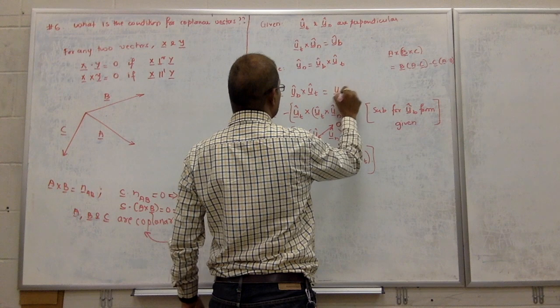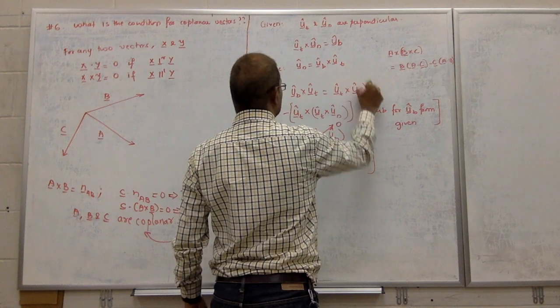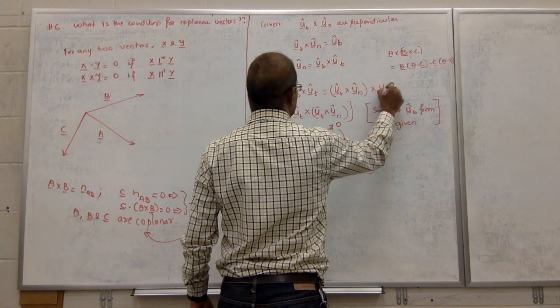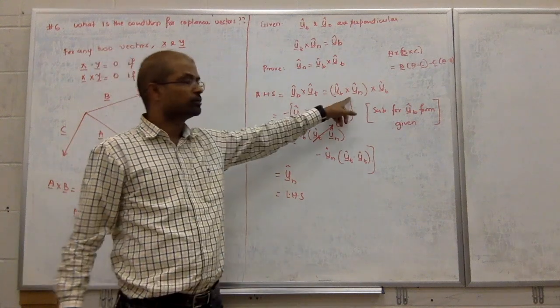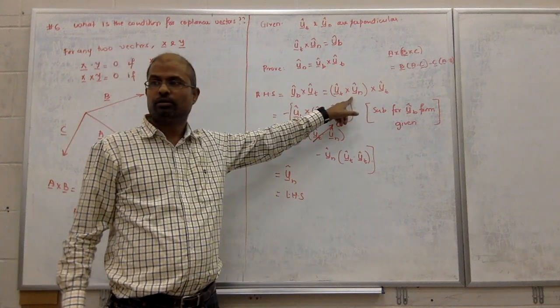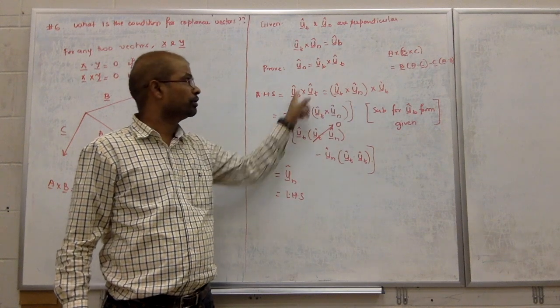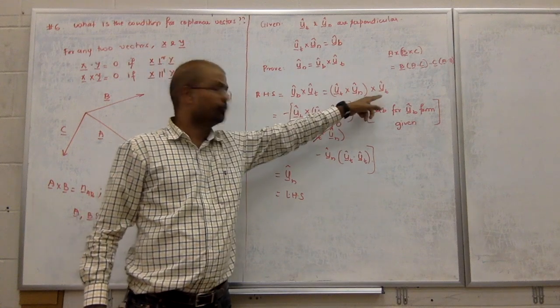If you do this, you can look at it like that as well. UT crossed with UN, right? The parenthesis is important. Crossed with UT. Does this make sense? Everybody? I just substituted UB from given. Cross UT.